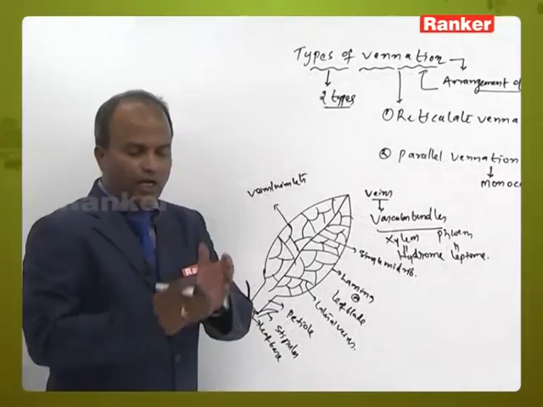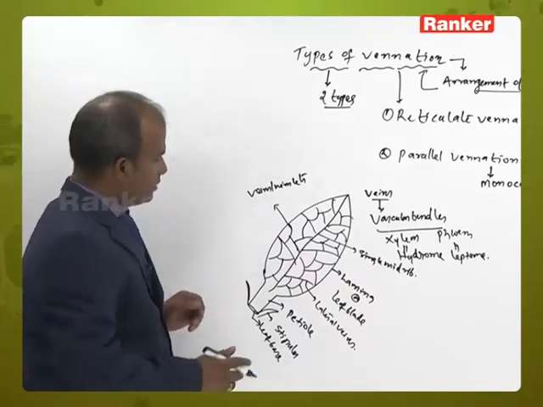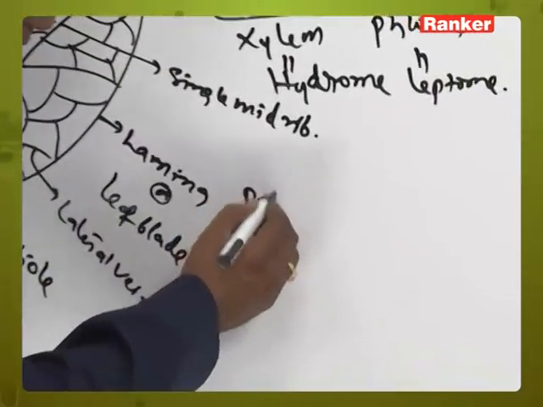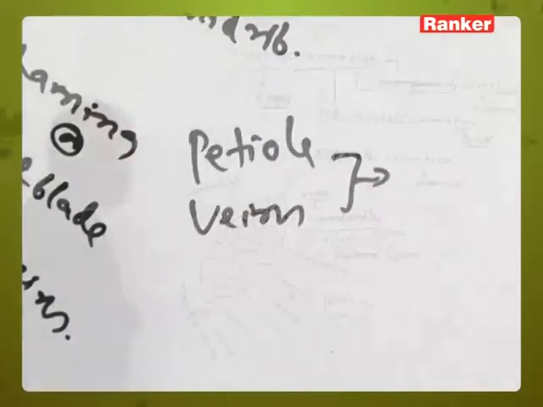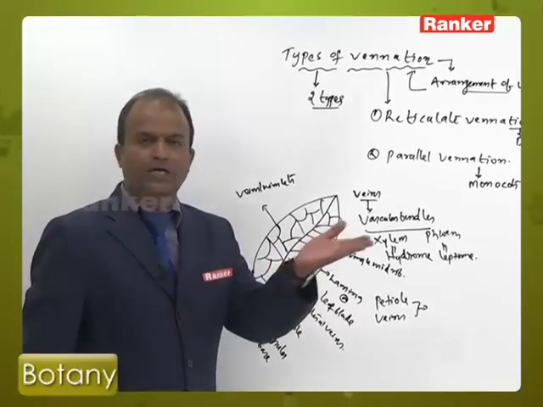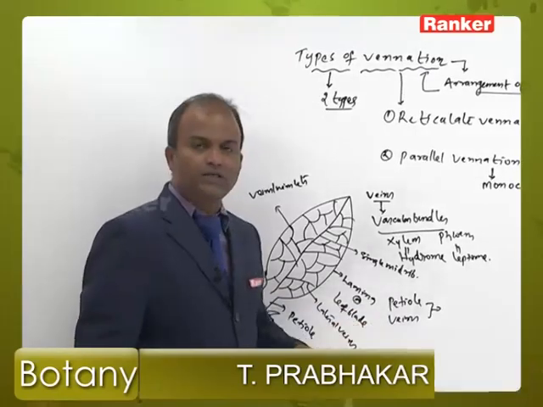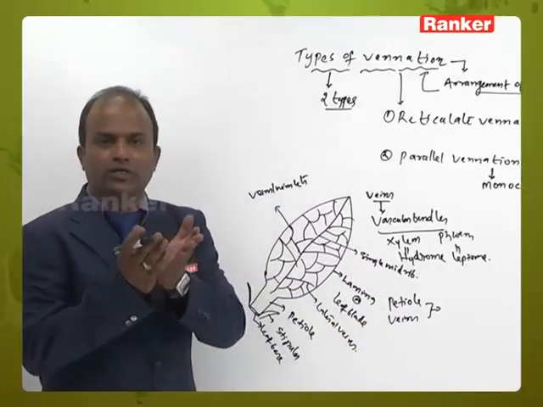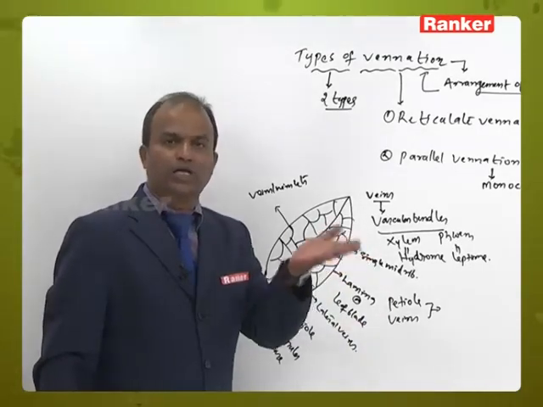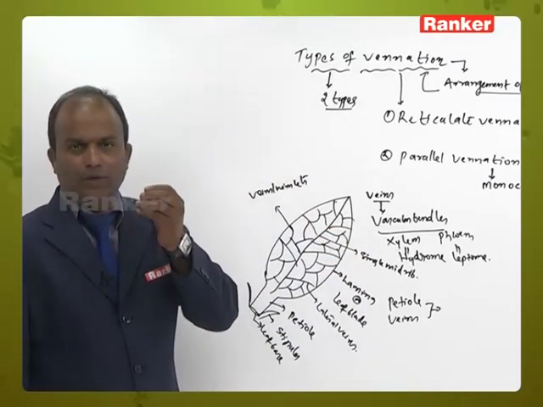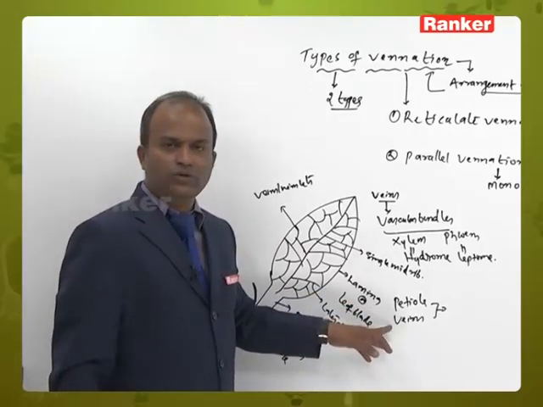Veins expose the lamina to receive sufficient sunlight. Petiole and veins perform the same function. Veins not only give rigidity and shape to the leaf, they also play an important role in exposing the lamina towards sunlight to prepare food materials by the process known as photosynthesis.